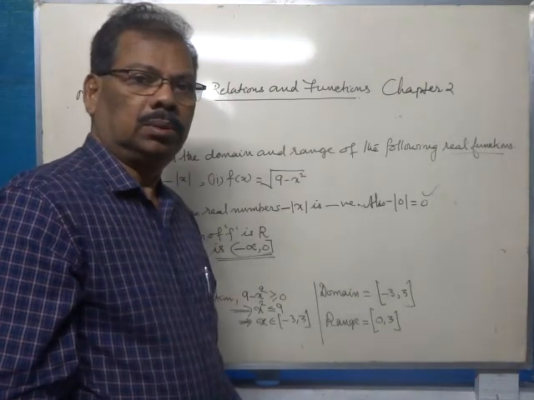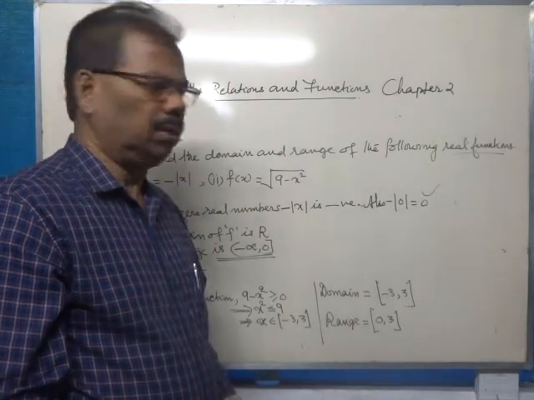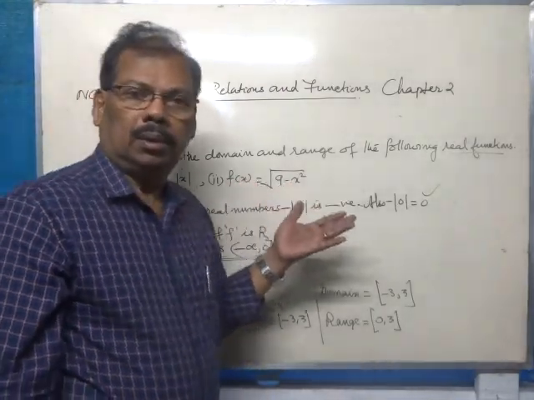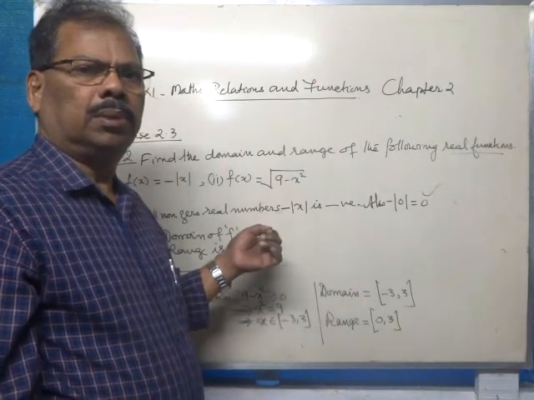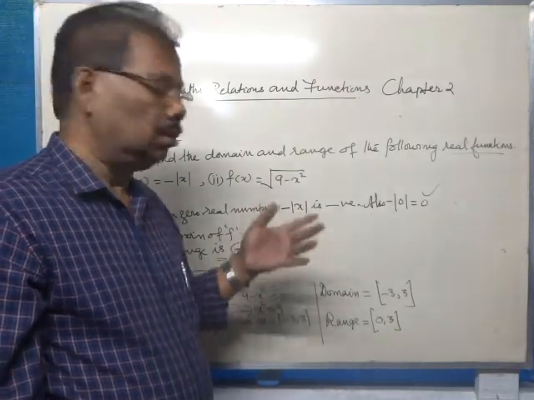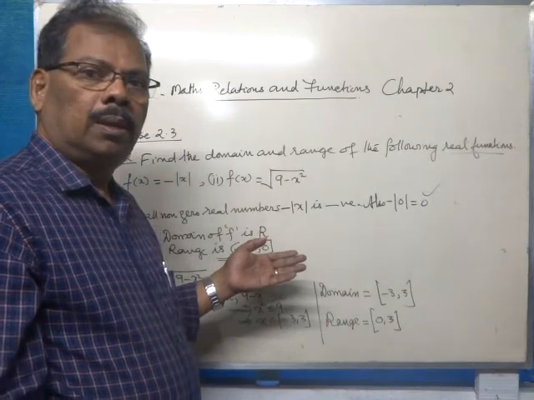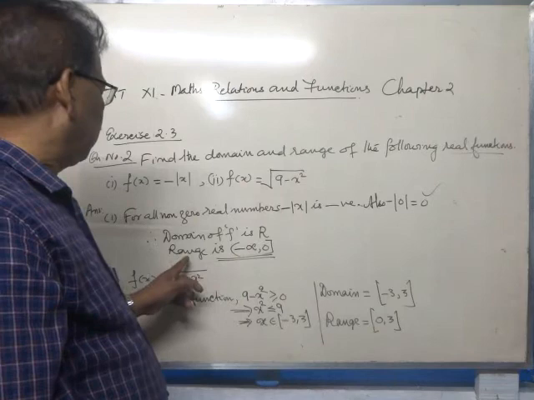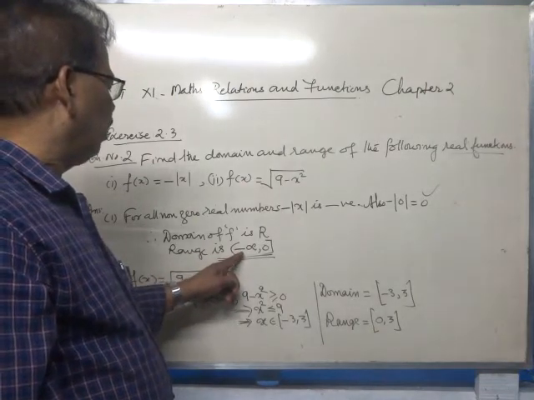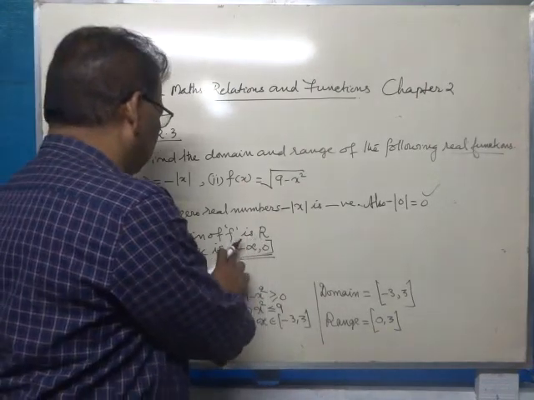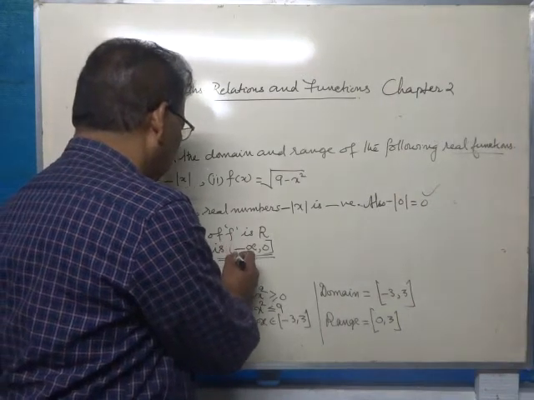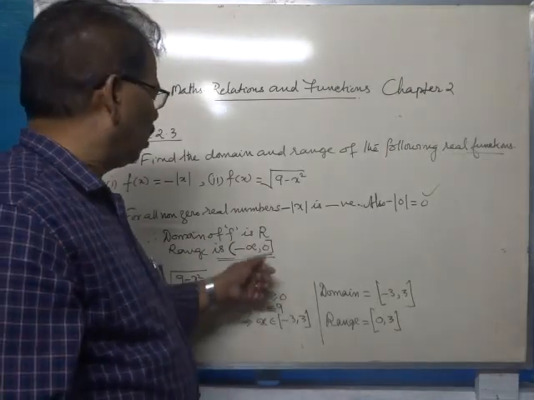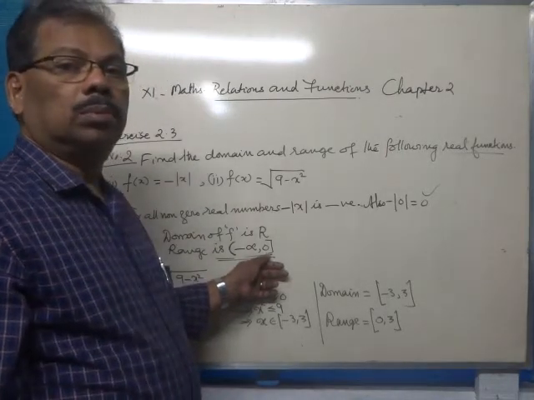0 has no sign, it is neither positive nor negative. Therefore, we have got the images, all negative numbers and 0. So it can be put in an interval. See, negative infinity is not closed to 0.